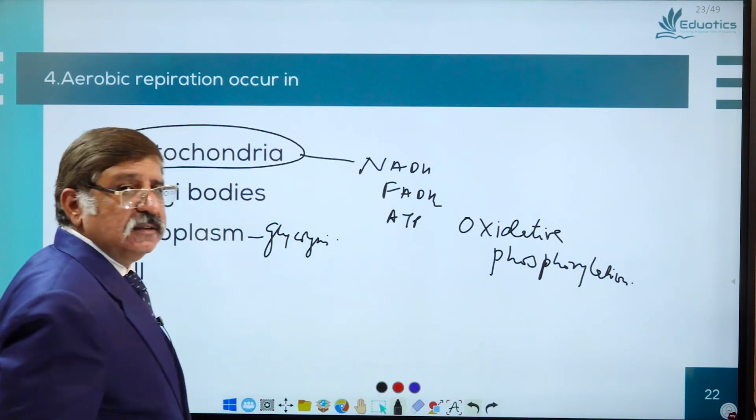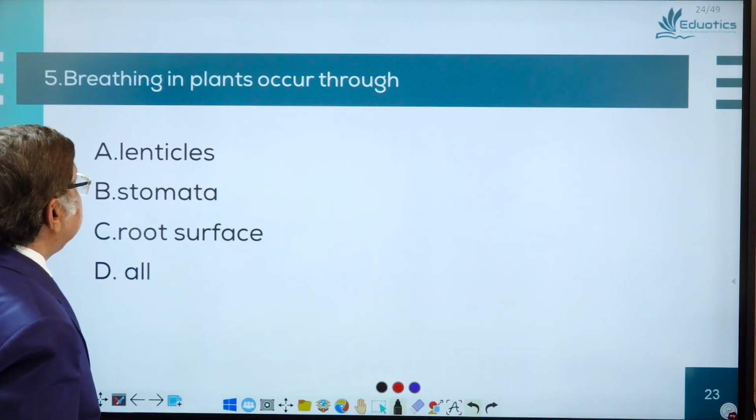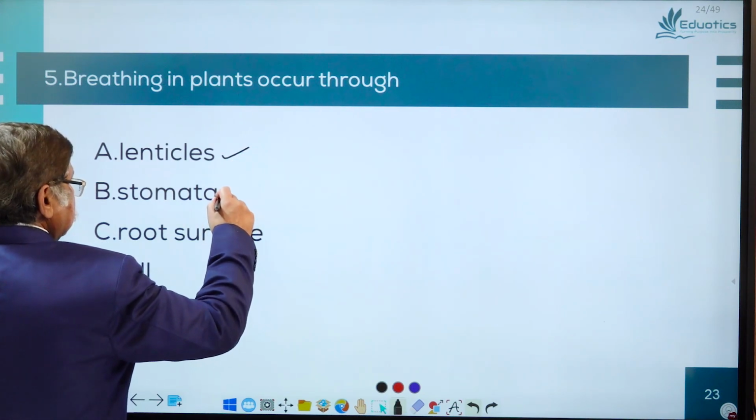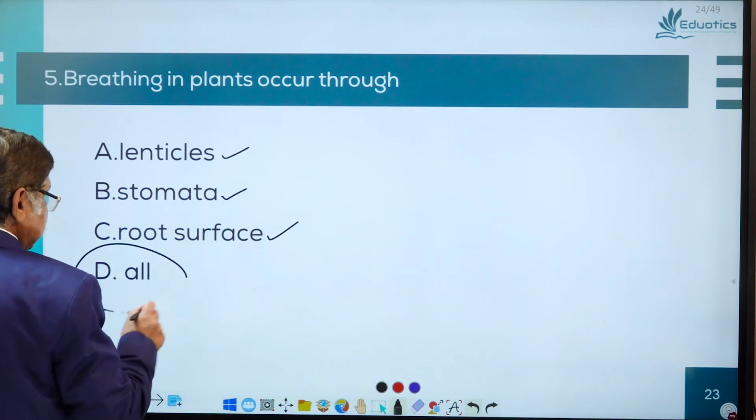This is what exactly it is. Breathing in plants occurs through lenticels, yes. Stomata, yes. Root surface, yes. So the answer will be all.